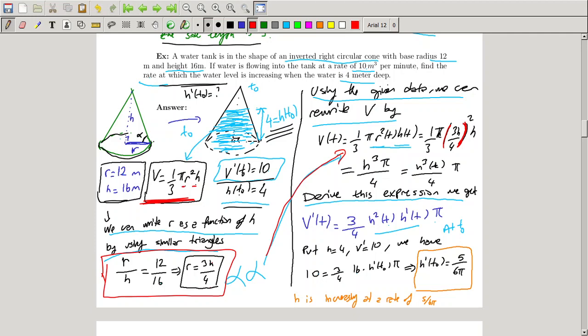So then we have 3 squared, so we have 9 over 3, we have 3. I have a mistake, I think. r squared times h.